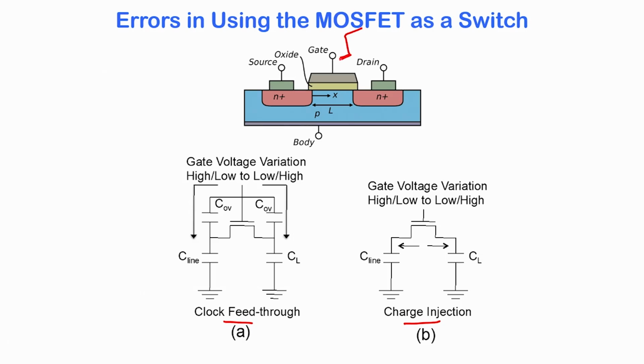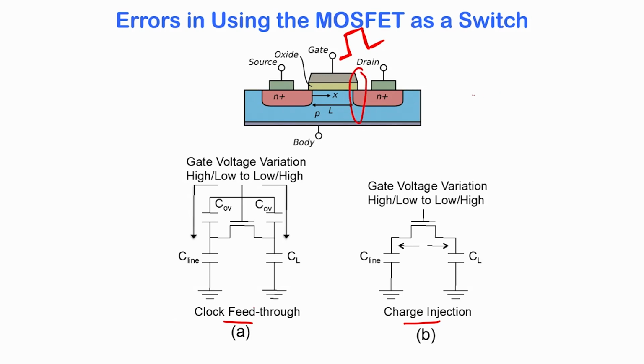Both these mechanisms create this error in the capacitance during the operation of the MOSFET.